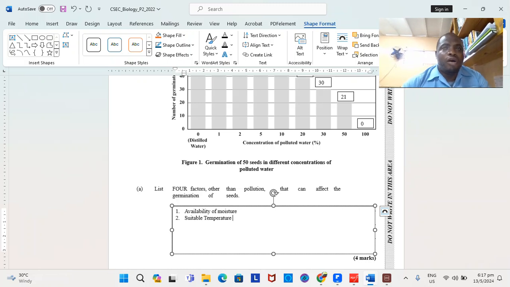You know, enzymes have an optimum temperature at which they will operate. And so once you have this seed at the desired temperature, based on the seed, you know, other little factors that will surround the variety of plants, the type of plant, those things. But generally, the temperature is affecting the enzymes and how they work. So suitable temperature is another factor that will have an impact on the germinating of these seeds.